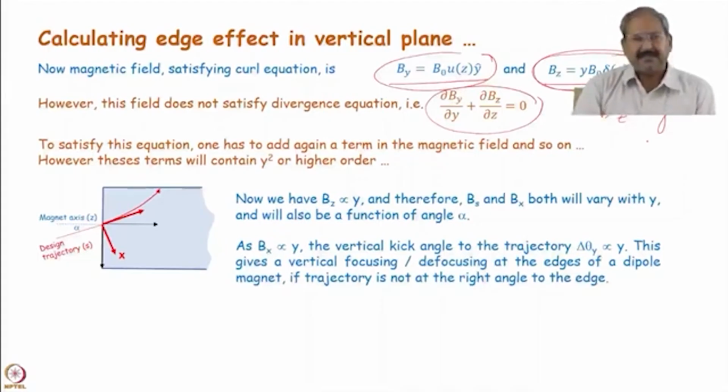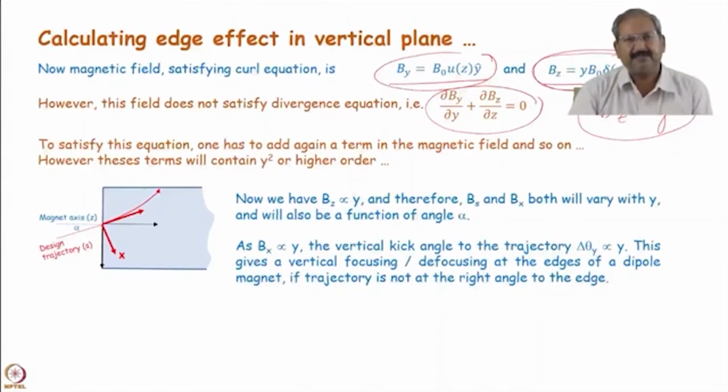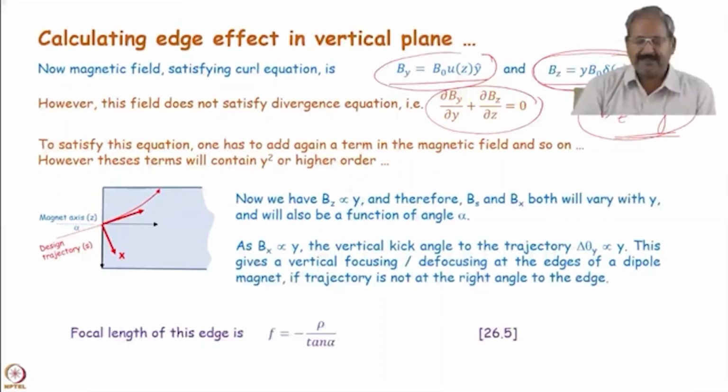So if we restrict ourselves to the linear domain, we will have a linear effect up to this point only. And this linear effect, Bz directly proportional to y, is like a quadrupolar effect, because the magnetic field is varying linearly with the coordinate. It means again we have seen that in the vertical plane also this fringing field produces a quadrupolar effect.